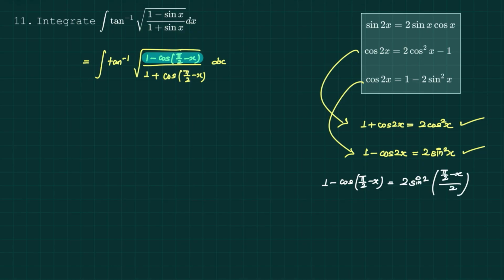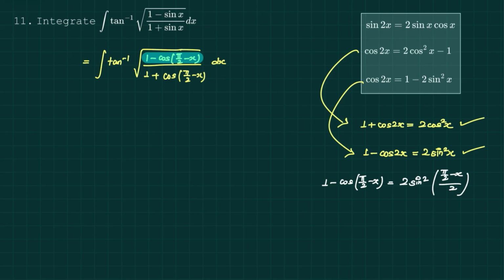Notice that whenever there is 2x, here it is x only. That means this x is half of this 2x. So similarly, the half of this angle will be (pi by 2 minus x) over 2. That's why I'm dividing it by 2.